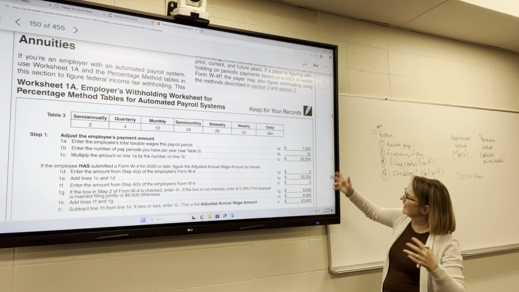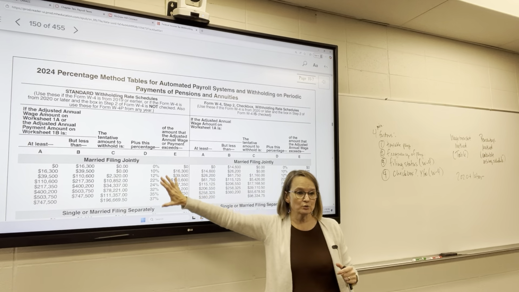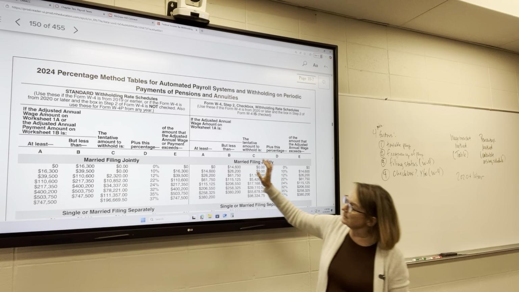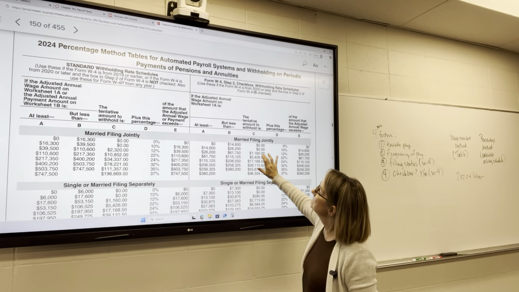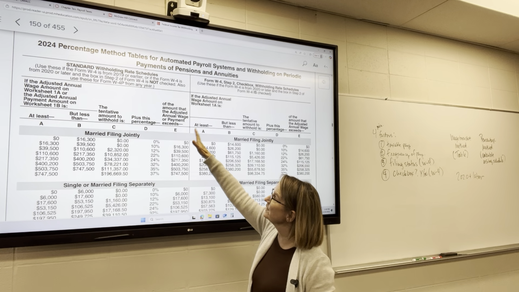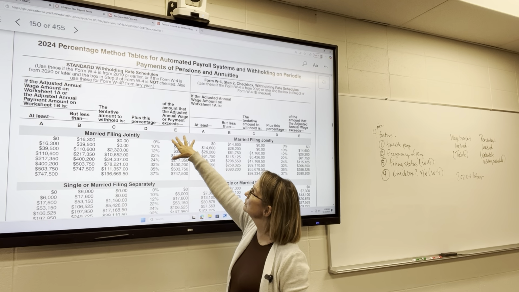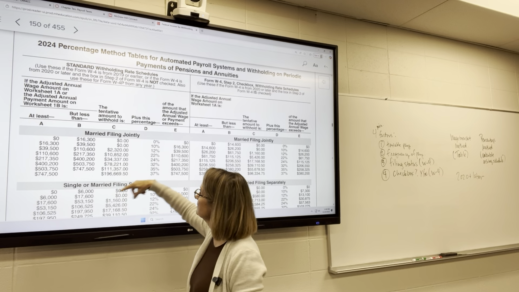You're taking that annualized amount and applying it to this schedule down here based on their filing status, and based on whether the checkbox was checked or if it's from a 2019 or earlier W-4, and you're applying it to the correct table.